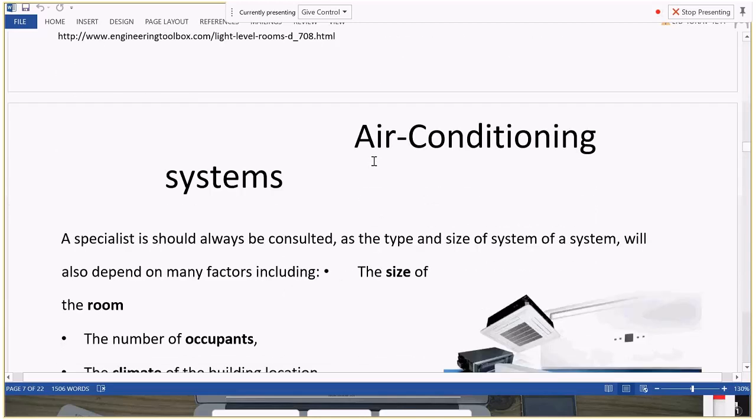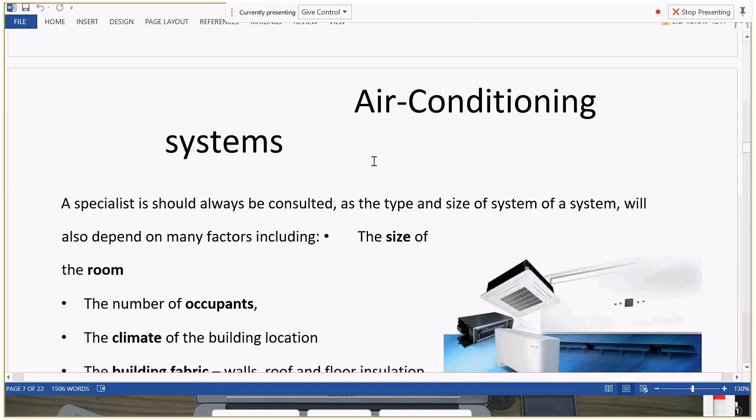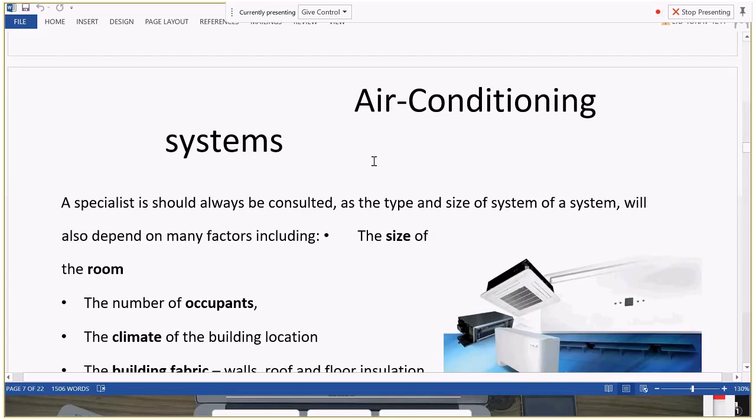For your air conditioning, now for an air conditioning designer, like a lighting designer, you can really go to town on this, and you can take into account so many factors. Like if you're sitting in this room, we'll take into account the number of people who are going to be occupying this room. We'll think about possibly the time of day that people will be occupying this room.